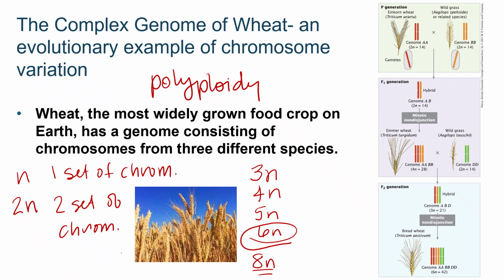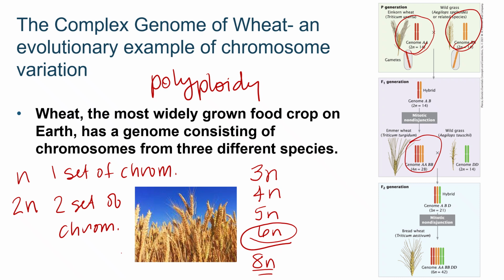And if we follow this example here, we see that we start out with a diploid species and a diploid species. And throughout the hybridization of these 2 different groups, there was a non-disjunction event, meaning that the chromosomes didn't properly separate.